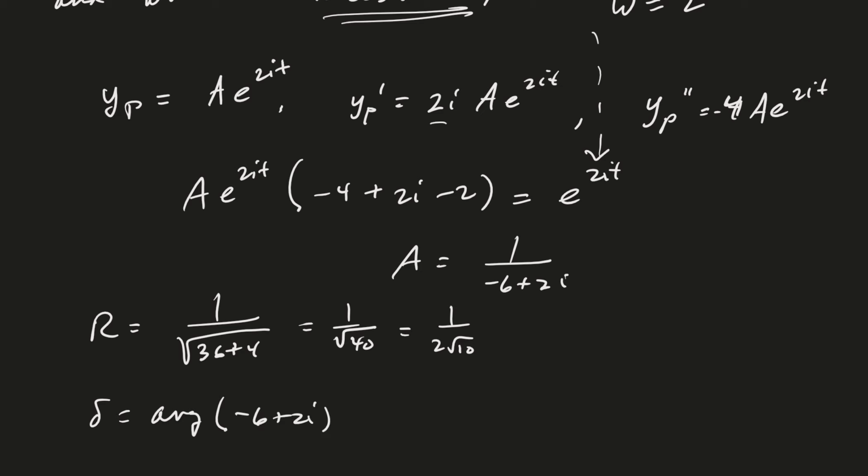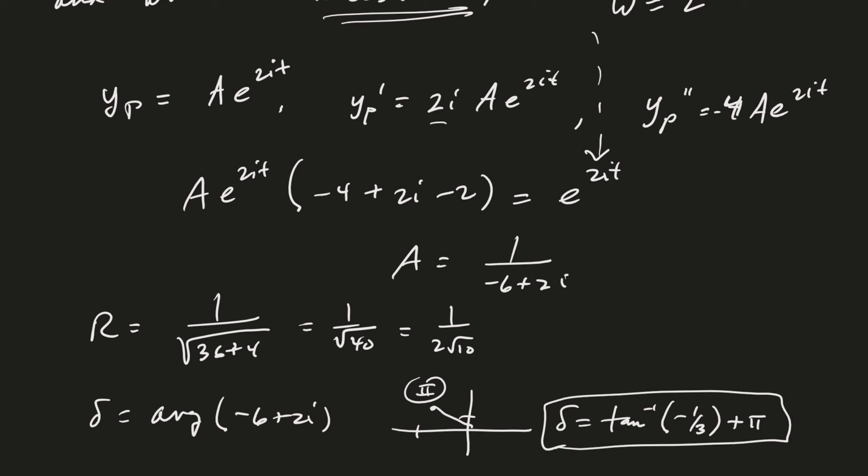And notice, by the way, that minus 6 plus 2i is in quadrant 2. And so therefore, we're going to have the inverse tangent of minus 1/3, plus pi. Okay, so that's what our delta is.